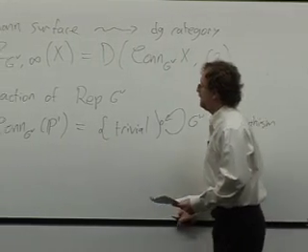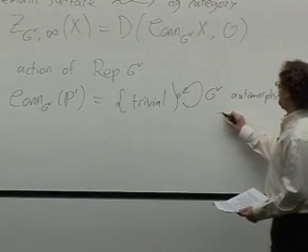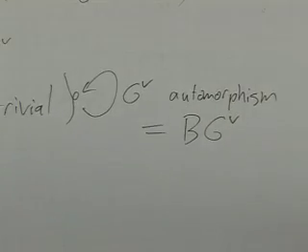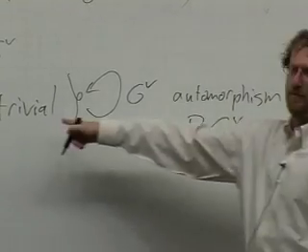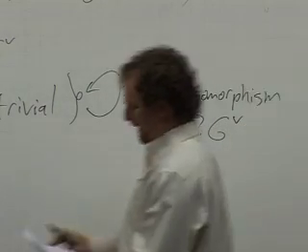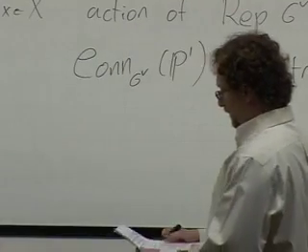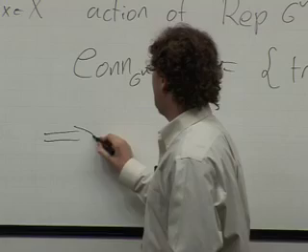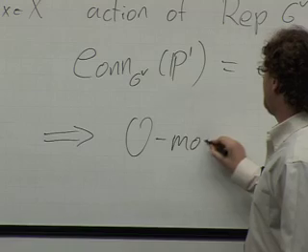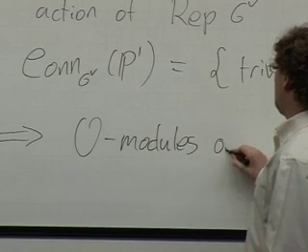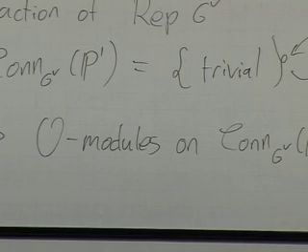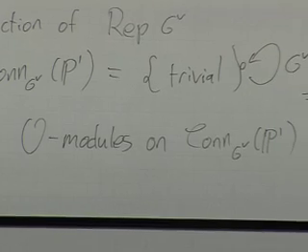So what does it mean? In a stacky notation, this is what people call the classifying space of G check. It's something contractible with an action of the group G dual. Okay, so now how do we think of this? What this tells me is that if I look at coherent sheaves on this space, connections of G check on P1, well, what is an O-module in here?